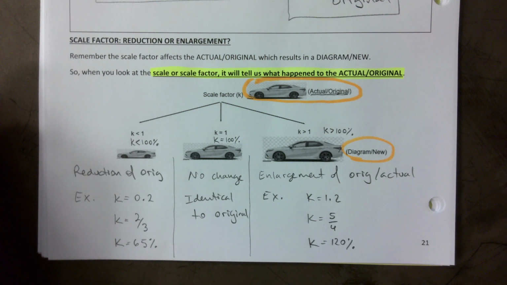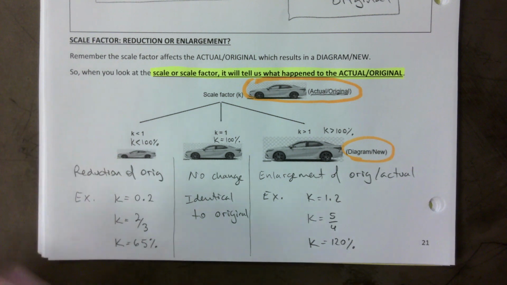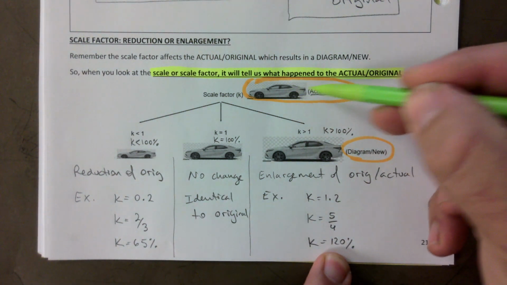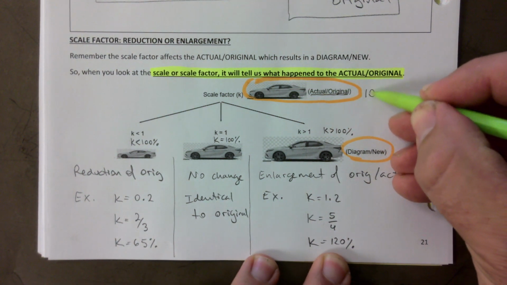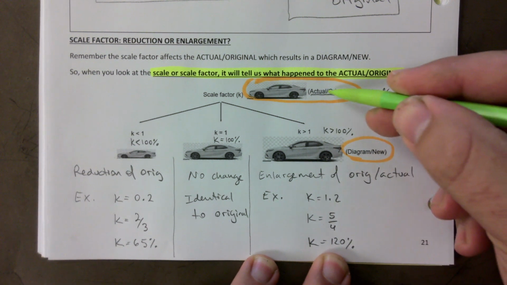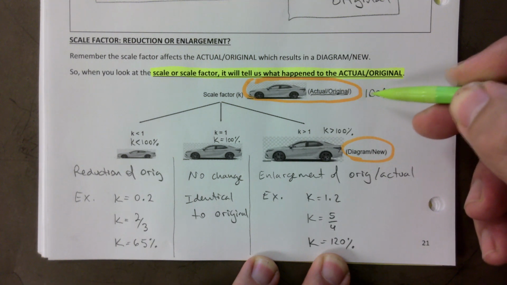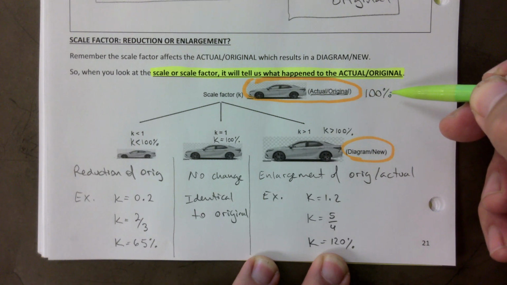I'm wondering if I should do this right here. I think I will. If this original, folks, put down 100%. The original would be like our 100% scenario. Put the 100% right next to the original or the actual.